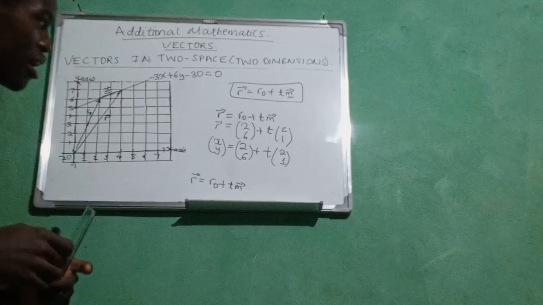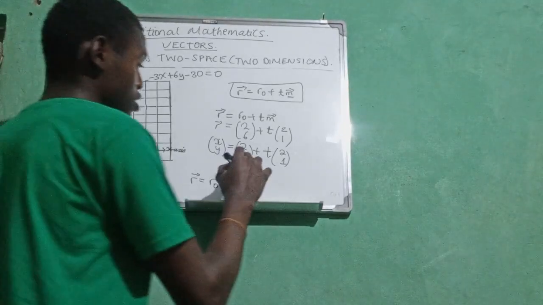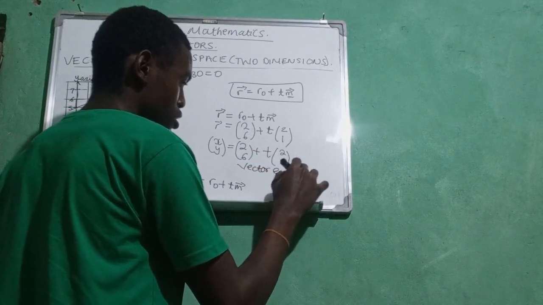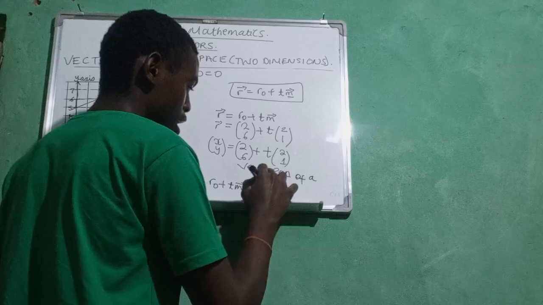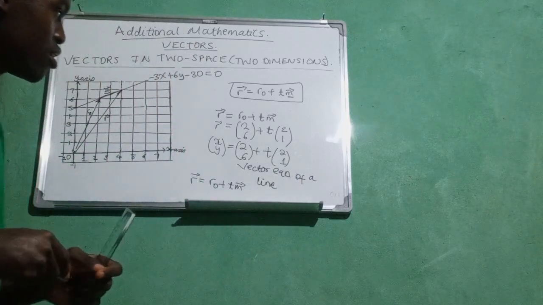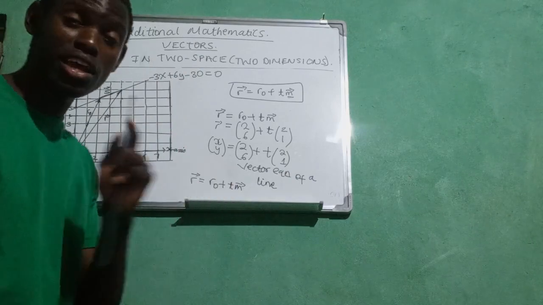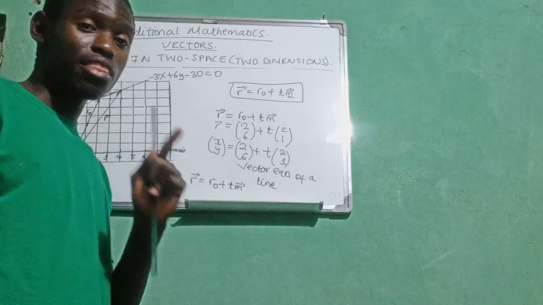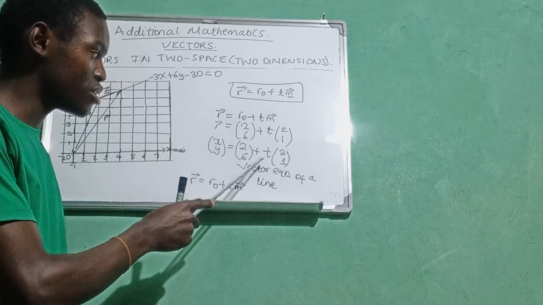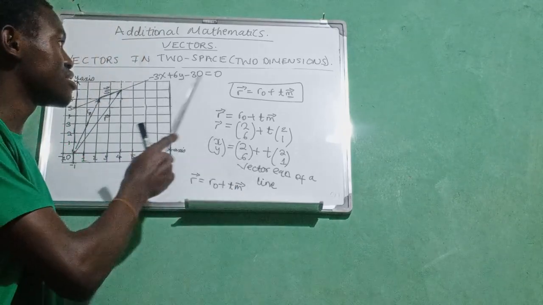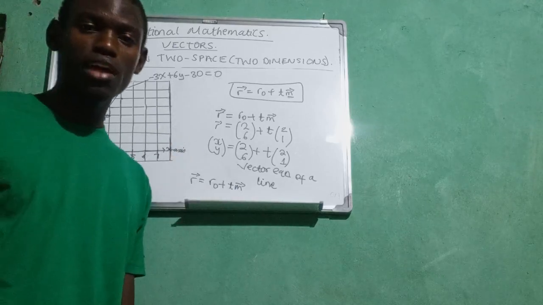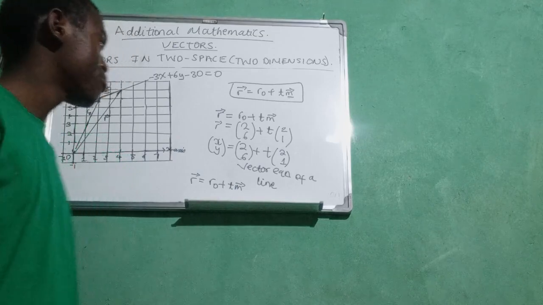That's what we call the vector equation of a line. From this very vector equation we can get a scalar equation. We're going to explain that in the next video.